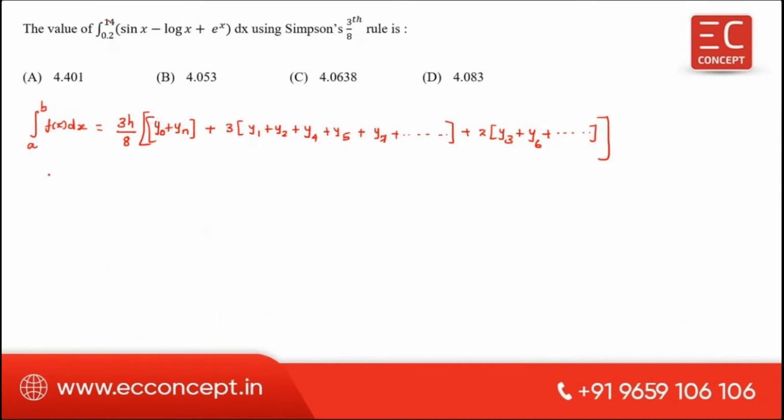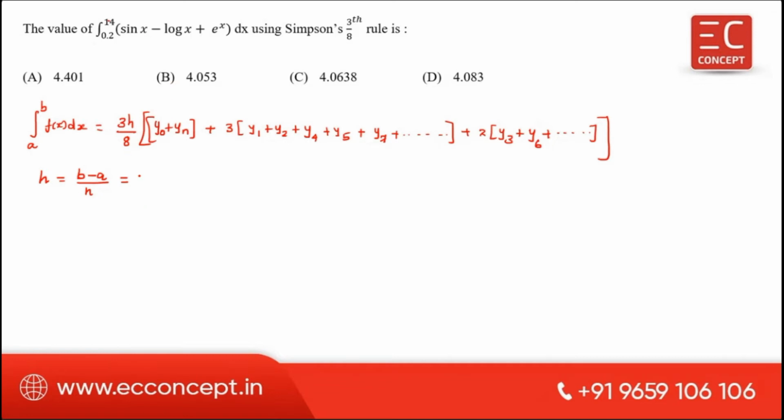Now you have to calculate h. h is the interval, that is b minus a divided by the number of intervals. Here the number of intervals is also not mentioned. Therefore, we can take the number of intervals as we like. Take it as 6 or 4 or 8 or whatever, since they did not mention the interval.